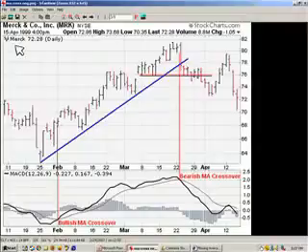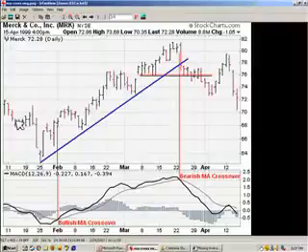So let's review. MACD crossing the signal line crossovers, as we mentioned earlier, are the most common signal. Here is a bullish MACD crossing the signal line, sometimes known as the trigger line.